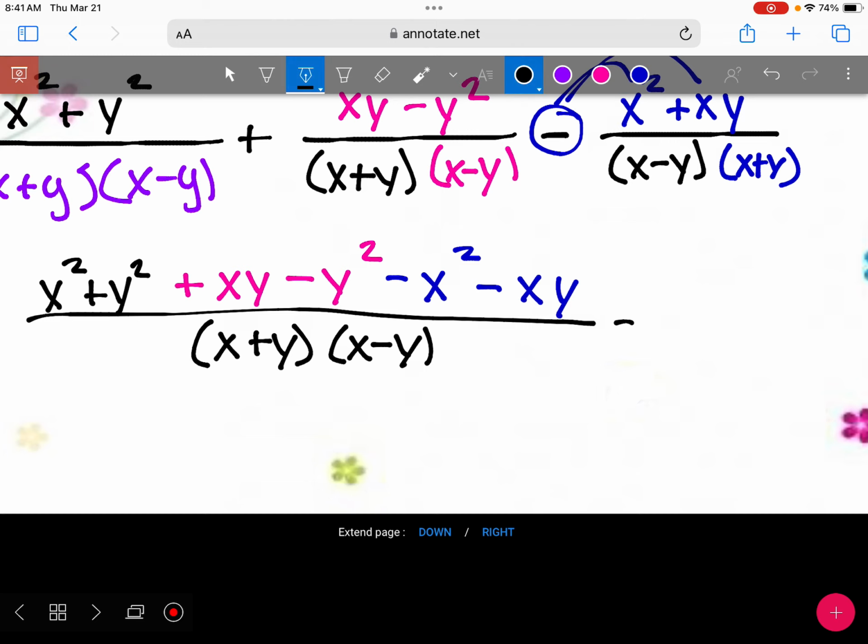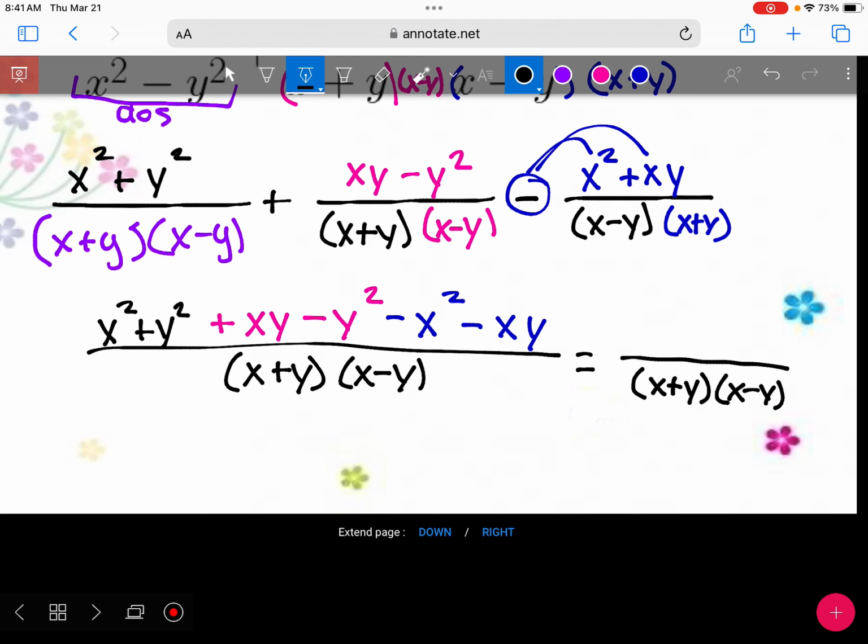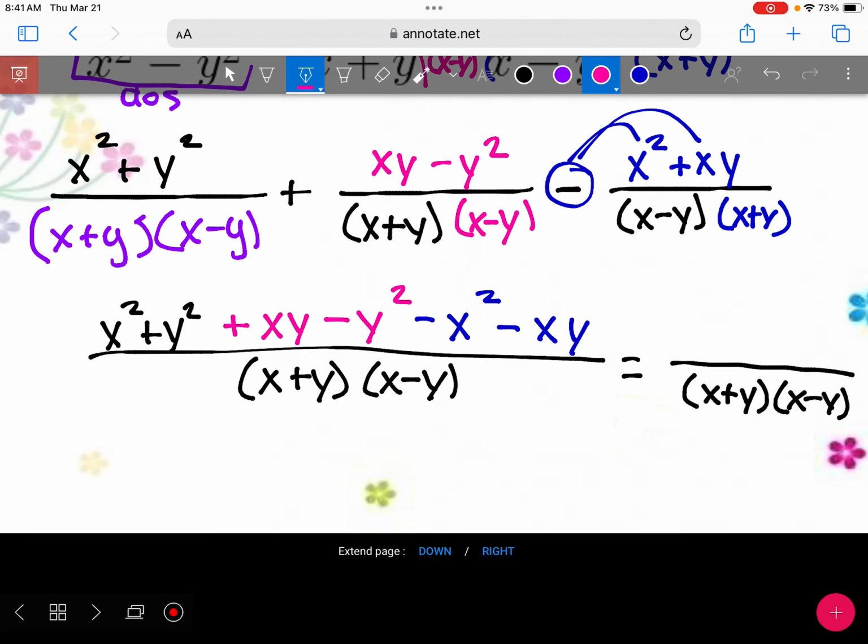Look through this and combine our like terms. What does this numerator simplify down to be? Because I have x squared minus x squared. So we have 0 x squareds.